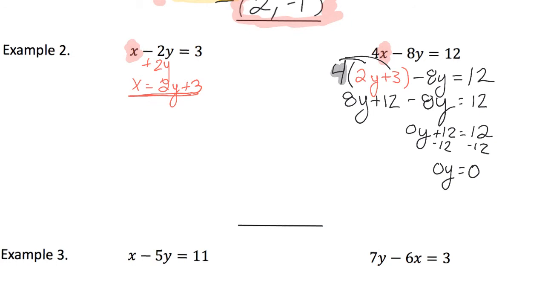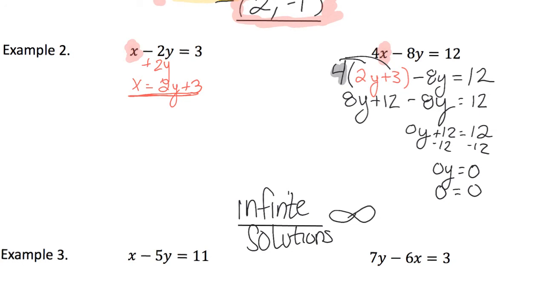What happens when I have 0y? So what we really have is 0 is equal to 0. When we have something such as 0 is equal to 0, if you remember, that means we have infinite solutions. So our answer is really infinite solutions. You could simply write the infinity sign.